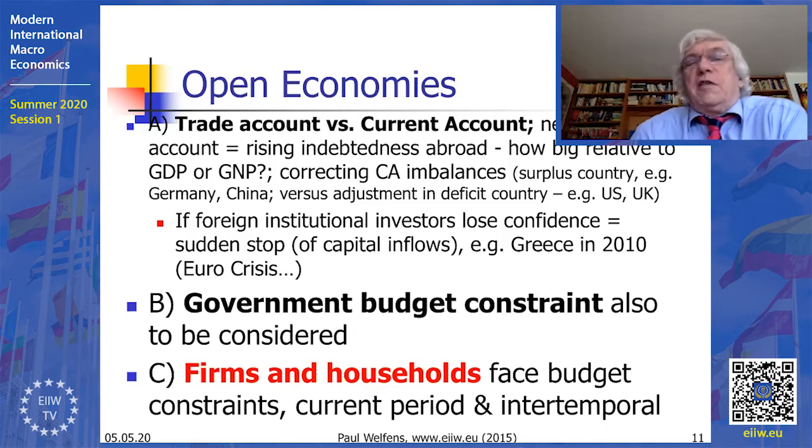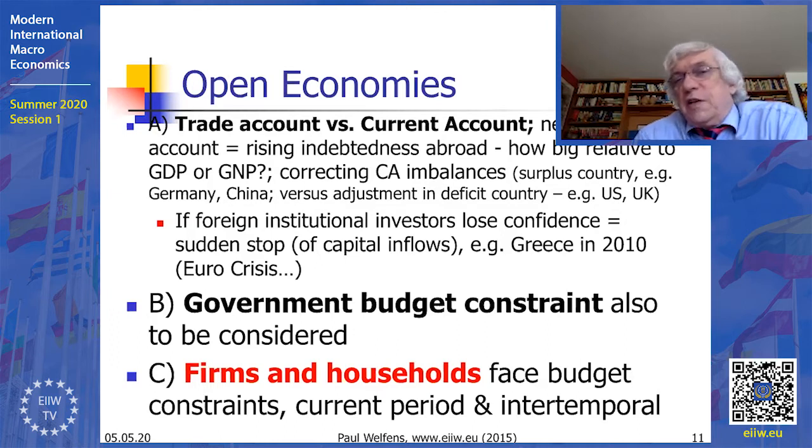Yeah, this is rather the problem of Germany and China, while Germany and China might adopt the position, no, this is not our problem. Obviously, the US has to adjust economic policy, should increase taxes, should stimulate savings, and so on.